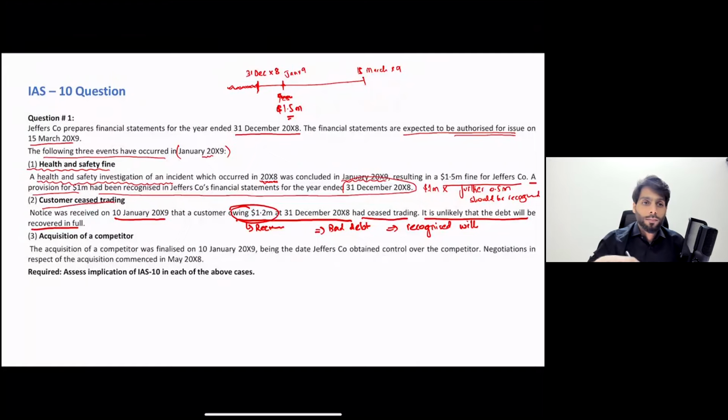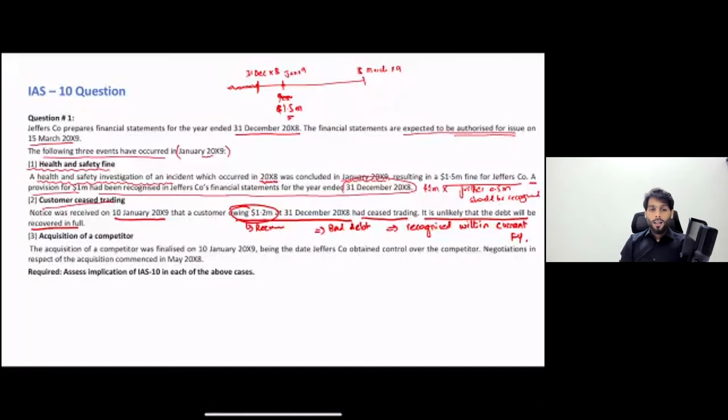All right. So the last case that we are talking about. Now here, just look at it. Here, it says acquisition of a competitor. So the scene is that the acquisition of a competitor was finalized on 10th January X9.